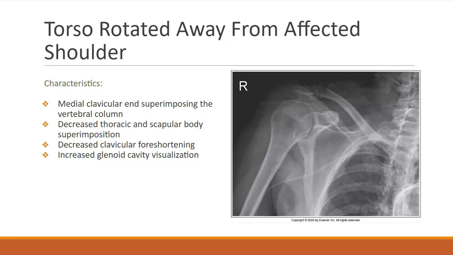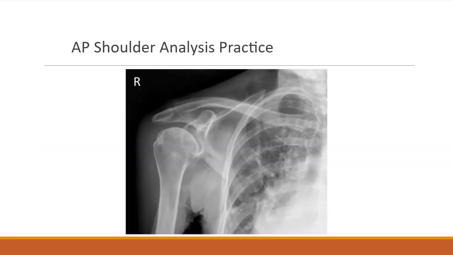In summary, torso rotation significantly impacts AP shoulder projections. It's essential to ensure that the patient's mid-coronal plane is parallel with the IR. Go ahead and analyze this first AP shoulder practice analysis.